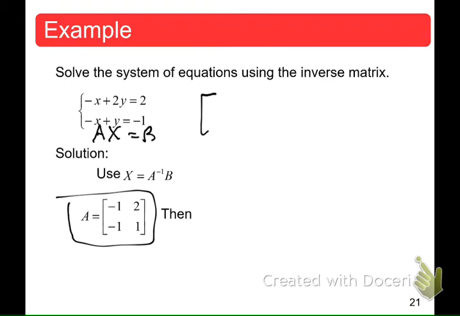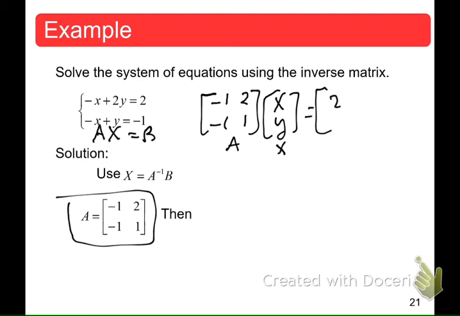The matrix equation would be -1, 2, -1, 1. This is my A. My X in this case is X, Y. And my B is my 2, 1. We actually saw earlier that the inverse of this matrix is 1, 1, -2, -1. If you go back to your first slide, you will see this matrix inverse.